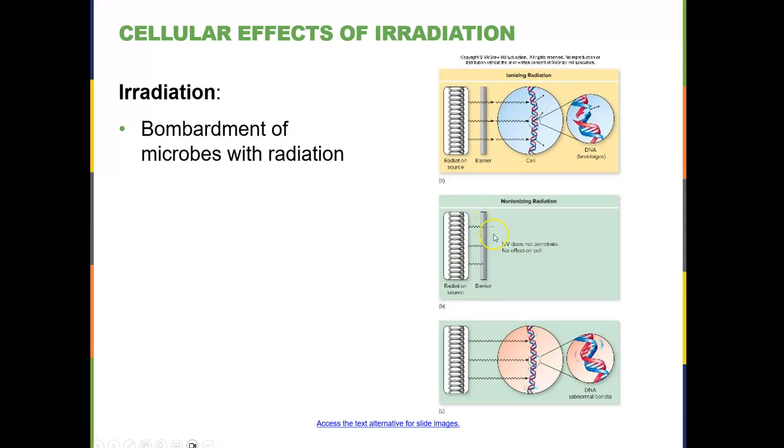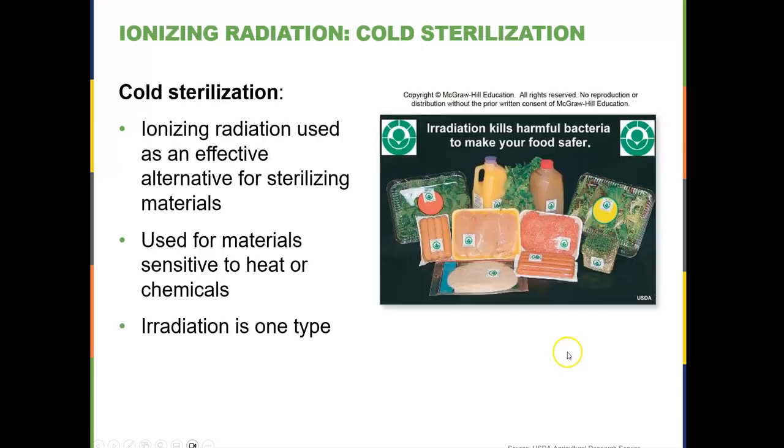That's why, for UV, we had to take the lid off of those plates. And then what it does is it makes DNA without the barrier. It makes the DNA form these thymine dimers. Cold sterilization is ionizing radiation used to sterilize materials, used for materials that are sensitive to heat or chemicals.